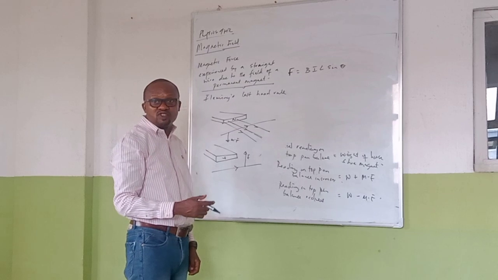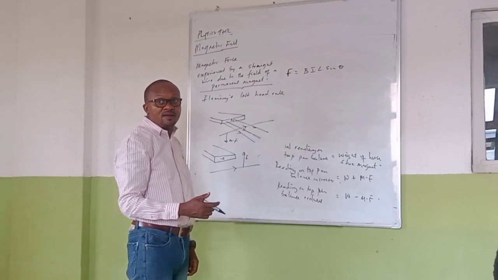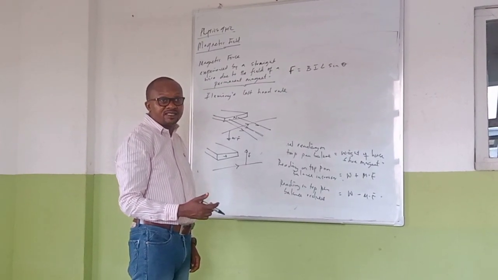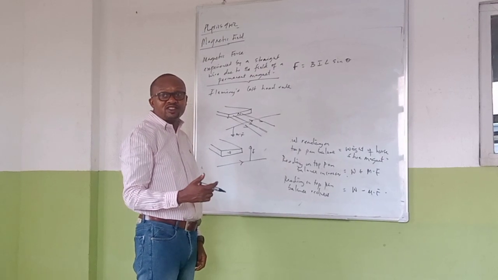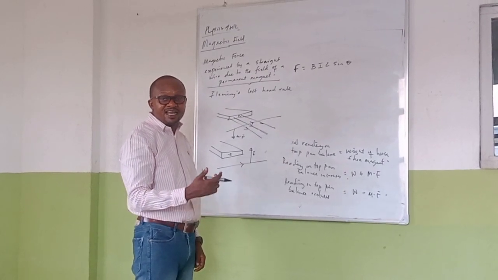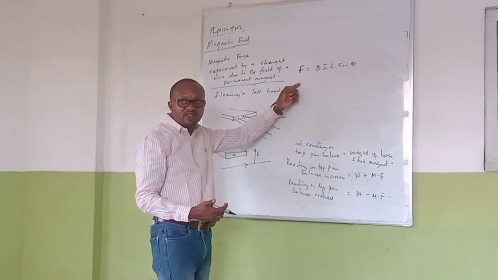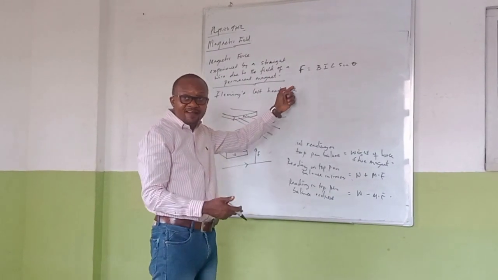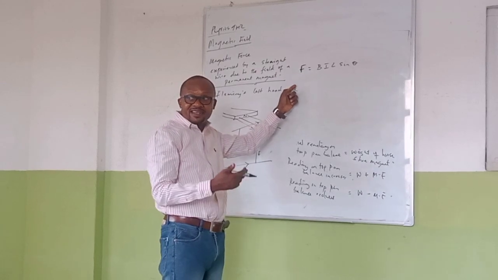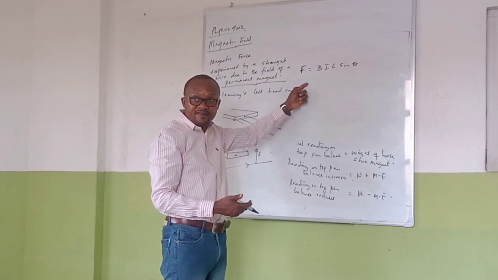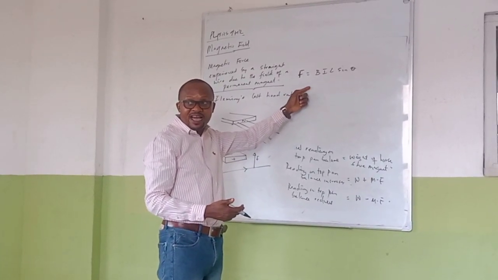Remember we have said electromagnets are what? Current carrying conductors. So what I have said here is that the magnitude of the magnetic force experienced by a straight wire in a magnetic field is given as F equals BIL sin theta.